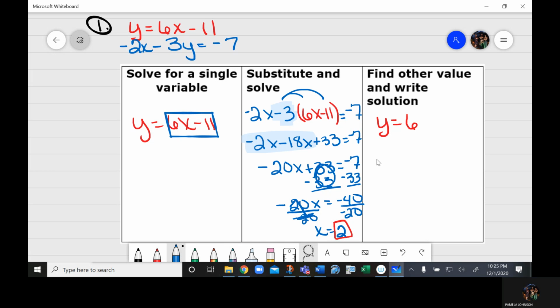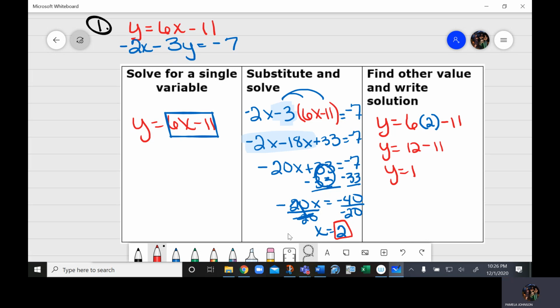So 6 times 2 minus 11. We're just going to go ahead and multiply this together. So 6 times 2 is 12, and 12 minus 11 is 1. So our y equals 1.